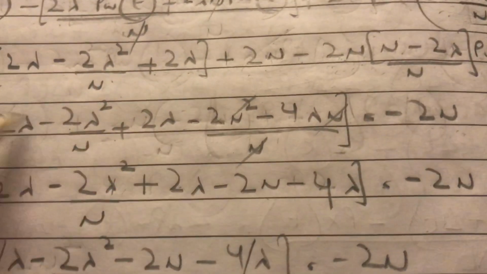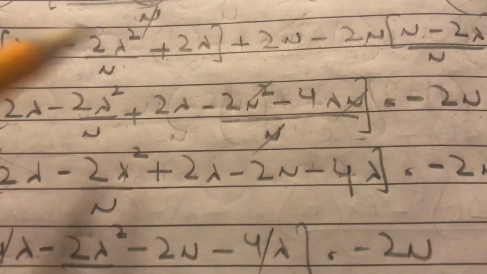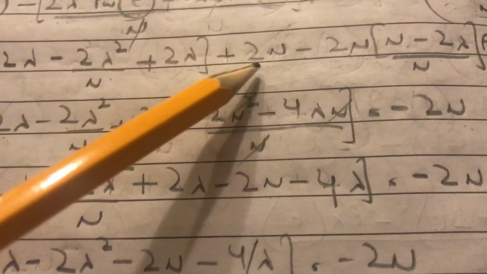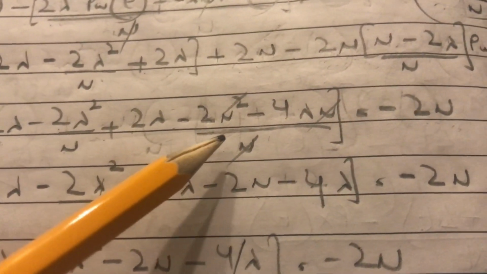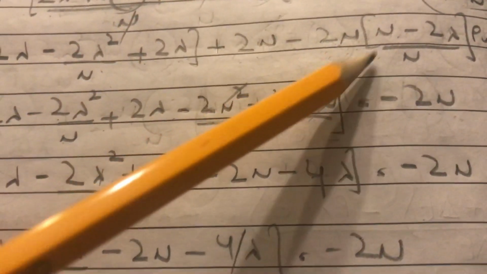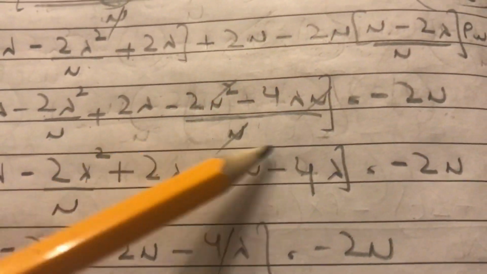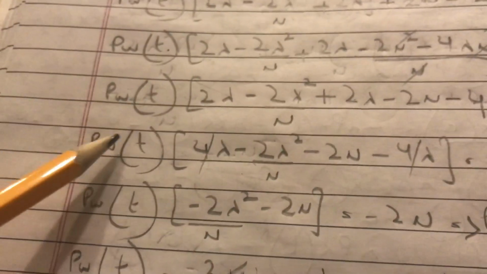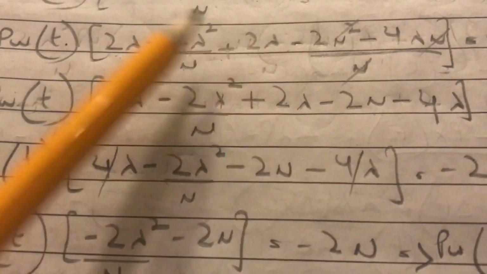This thing remains there, this remains there, this is the same, and this goes there, and we multiply this and this, so this comes here. Okay, now the next step, this remains the same, this remains the same, you can see that. Is it clear?